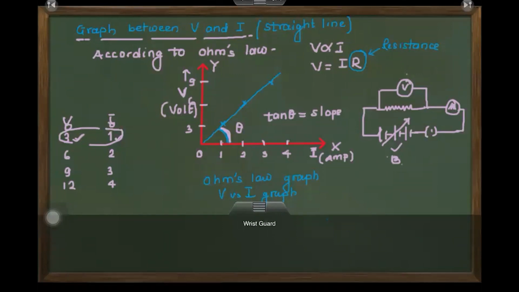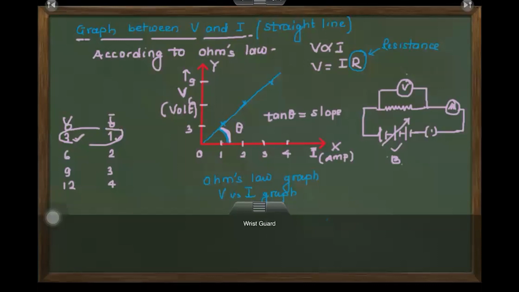You can consider a horizontal line, and your ascending road will make some angle. Are you getting it? Yes, sir. Okay. So the more the angle, the more the slope.